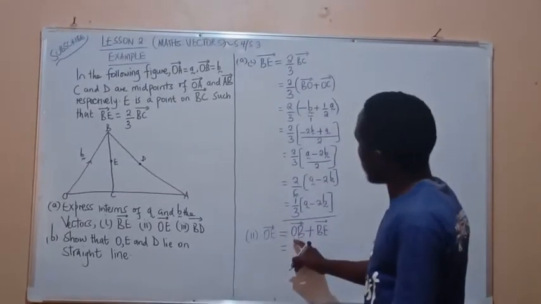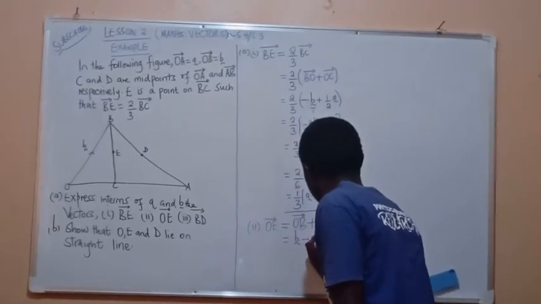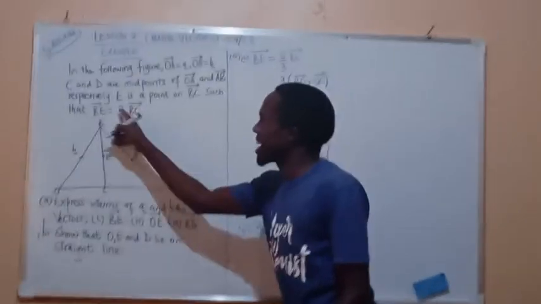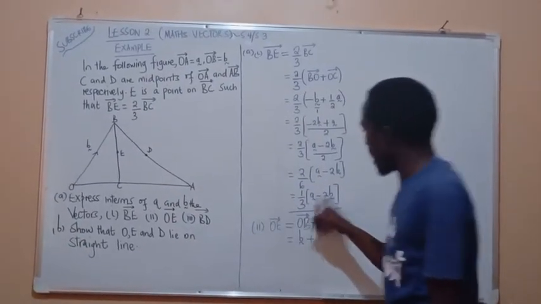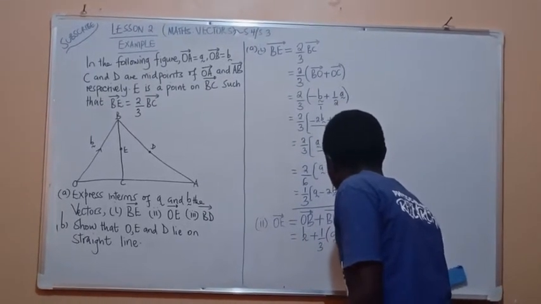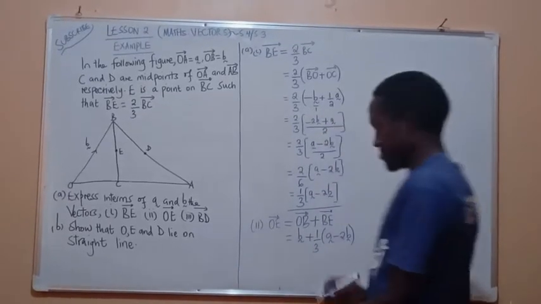We have gotten OB given as vector b. Substitute it there, plus BE. BE has been given here, but I cannot go back to all this, yet I already have it summarized here. So it will be plus a third of vector a minus twice vector b.